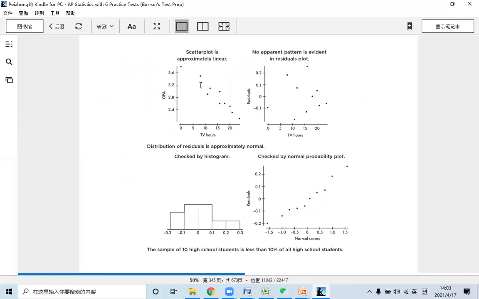You can see there's a negative, linear correlation. And residual plot: you plot all the residuals. The residuals have no particular pattern. You don't see a curve, you don't see a straight line. It's a random pattern. This would mean the correlation is linear. It's mostly a linear correlation.